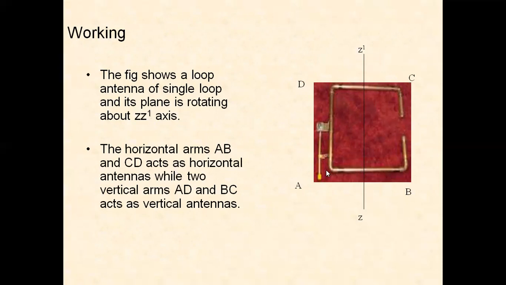The horizontal arms, AB and CD, act as horizontal antennas, while the two vertical arms, AD and BC, act as vertical antennas.